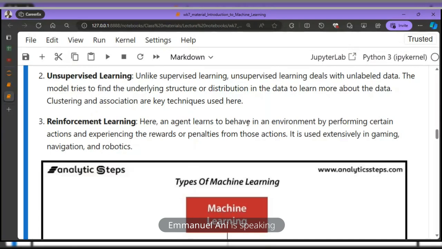All right. So for example, let's say you have a customer database and you want to understand the categories of your customers. There is no label on whether this customer is a top tier customer, this customer is a middle tier customer, this customer is a lower tier customer. There's no label like that. But you want to be able to classify those customers into different categories. So unsupervised machine learning is a very good approach to achieving that.